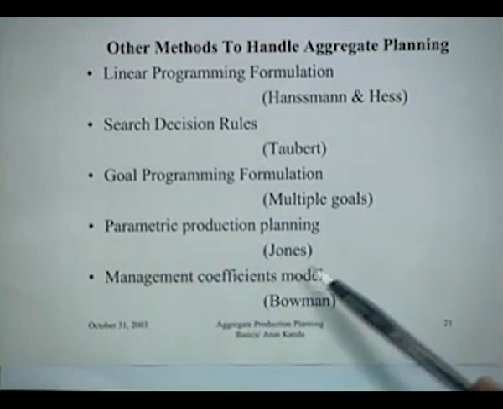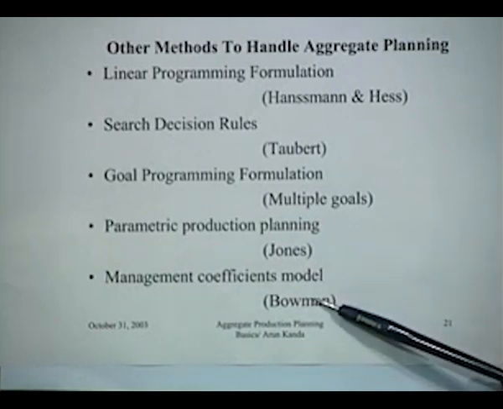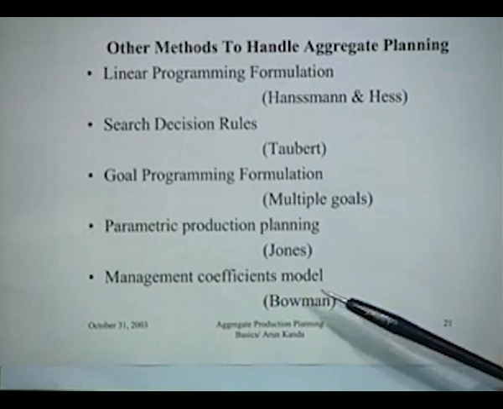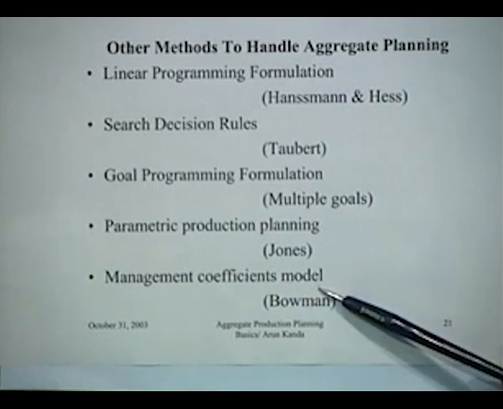And a management coefficients model is an approach in which you talk to different managers and find out what the optimum strategy is, and then you try to find something like a weighted average of the strategies suggested by different managers, right?